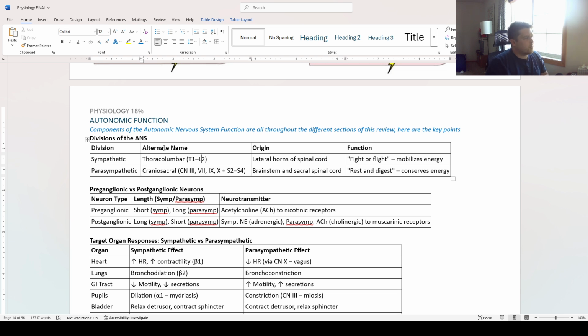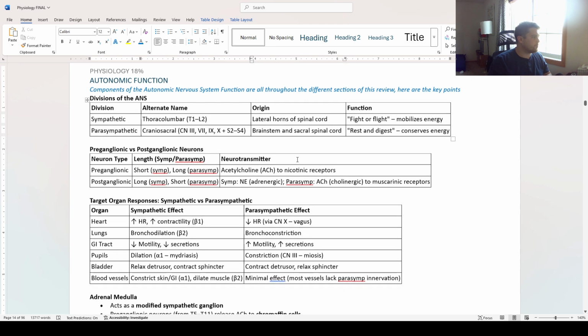We will talk more in other sections about those specific cranial nerves. We can talk about them in the general anatomy section a little bit more. Those are the ones that they really like to test on, specifically cranial nerve 10, that vagus nerve. Love to have questions about the vagus nerve because of its overarching role in the parasympathetic nervous system.